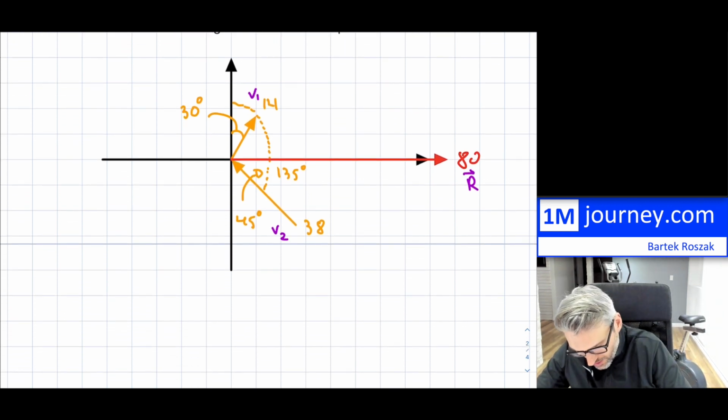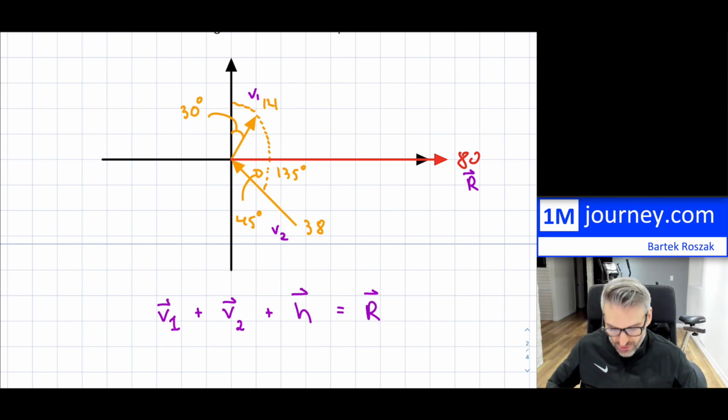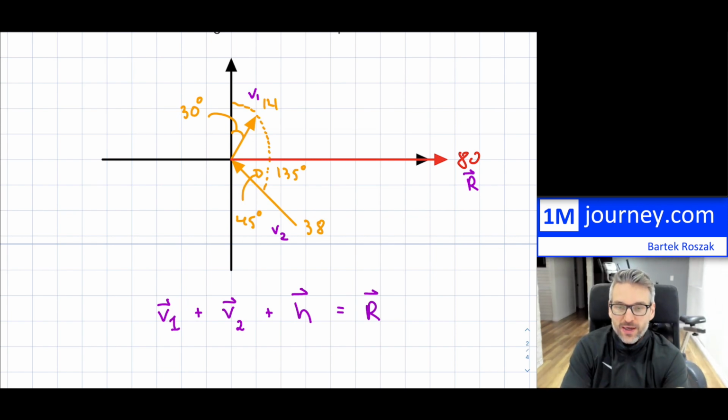So what you really want is V1 plus V2 plus H, where H is for the heading direction, and that is supposed to be equal to your resultant. That's what you really are looking for. Ultimately, that's what we want.